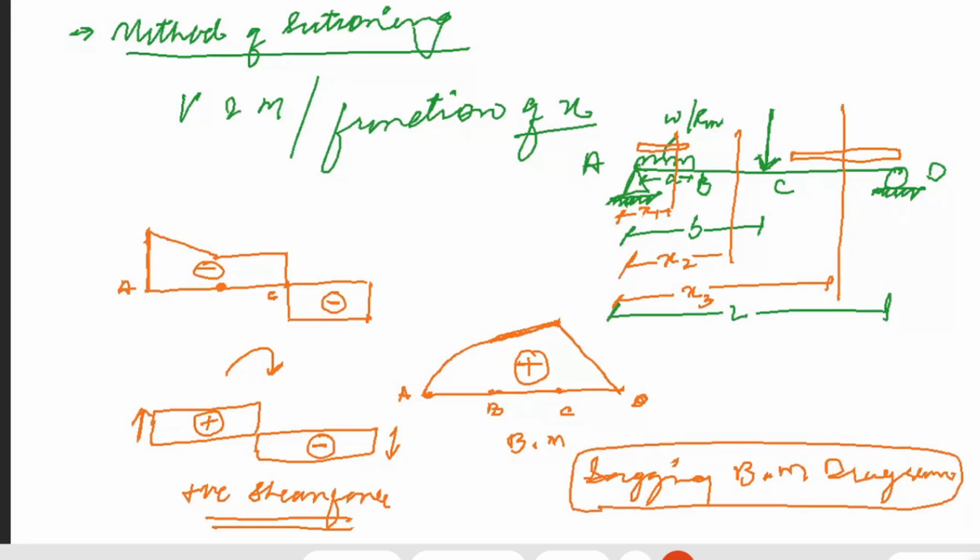As I have already said, when moments are such that they tend to bend the beam in such a way that you have convex upwards, this is your positive moment, and then you can have a moment such that it makes it hogging. That means in that case it is negative.